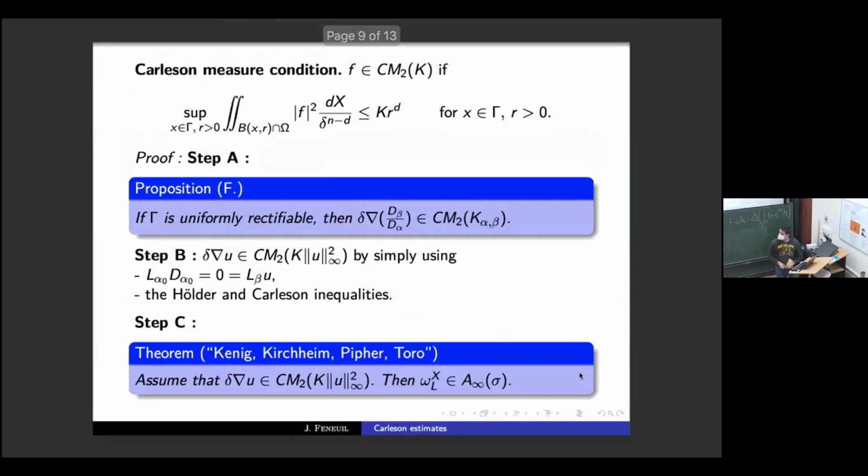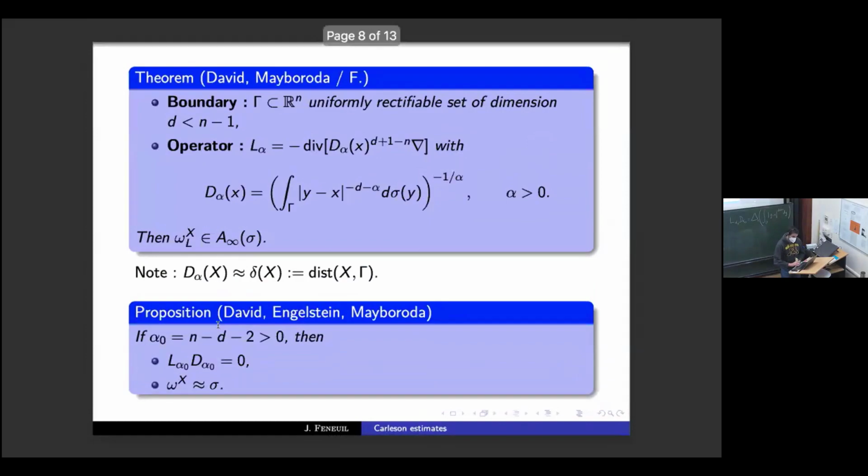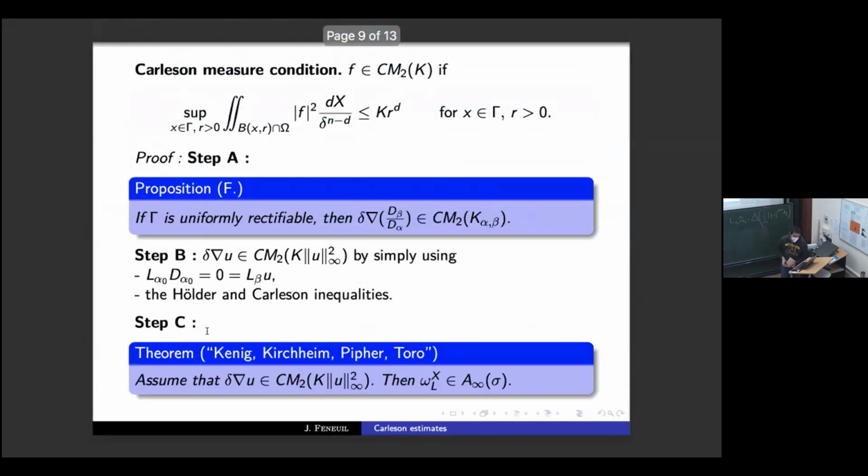So the proof of this result, so this counterexample is bad, but there is something good about it. And the good thing is that there exists a short proof of the fact that the elliptic measure is A infinity. So here I wrote the Carleson measure condition.